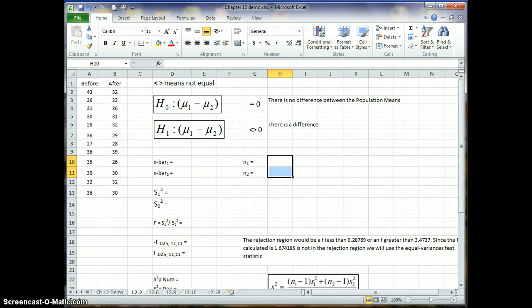So to start out with, we are going to find out the average of x bar 1. And in this case, x bar 1 is going to be the before. Maybe I should talk about the problem a little bit here. It's 12.2 on page 202 of your textbook. It says, how do drivers react to sudden large increases in the price of gasoline?